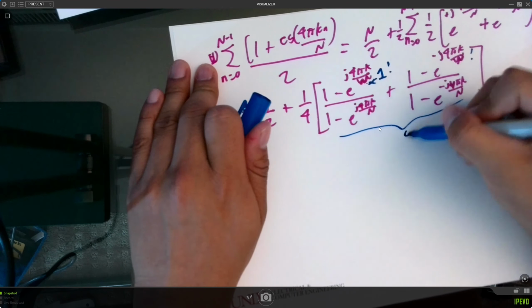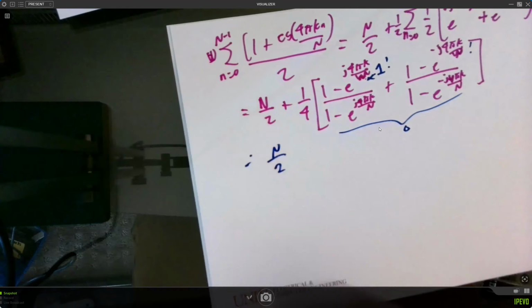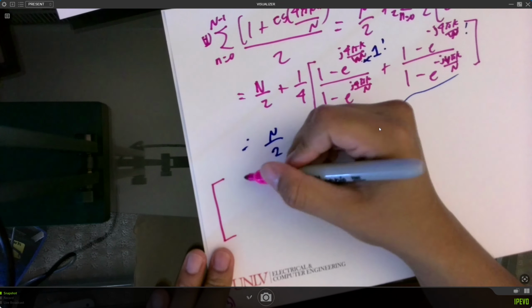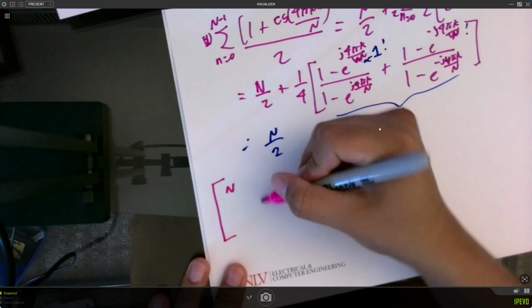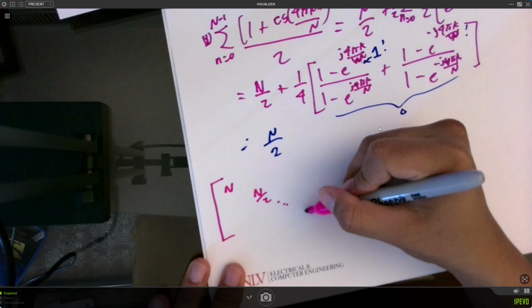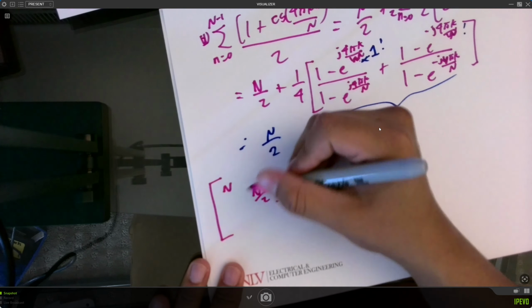Therefore, this whole thing turns to 0, and then you get n divided by 2. And now you can say, okay, depending on how big my square is, we can say this is going to be n, n divided by 2, dot, dot, dot, up to whatever you want.